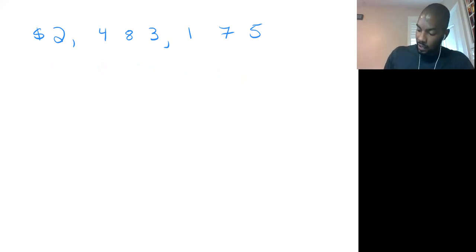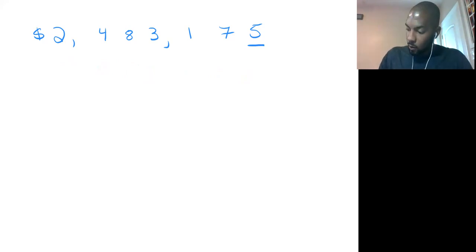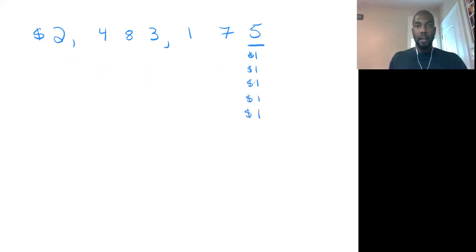This first place under the 5, you already know, tells you how many $1 bills you have. In this case, you have 5 ones. 1, 2, 3, 4, 5. The next place over is how many tens you have, okay?